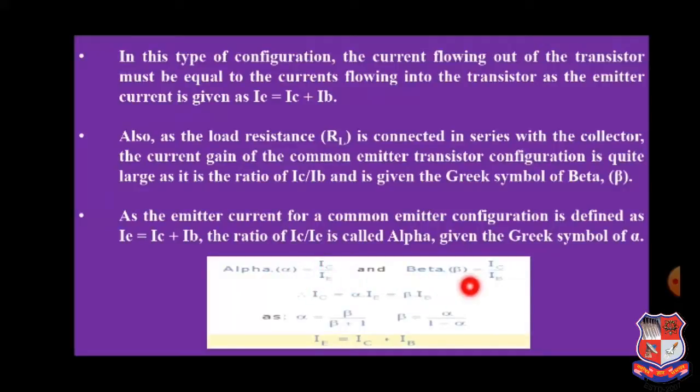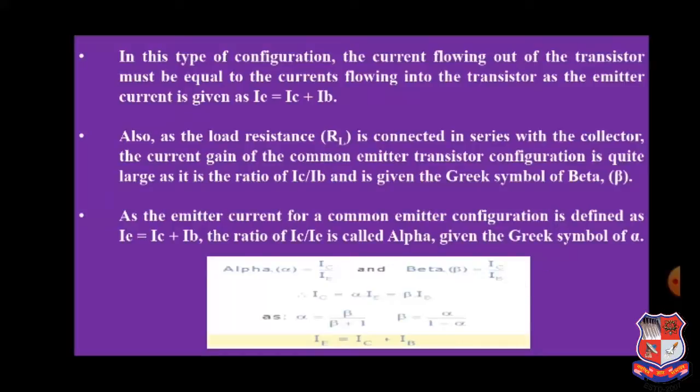Beta is equal to, as we have already considered, the collector to base current ratio, and from these two equations we can deduce one relation, and hence the relationship between the current gain and alpha can be deduced as alpha is equal to beta upon beta plus 1, and beta is equal to alpha upon 1 minus alpha.